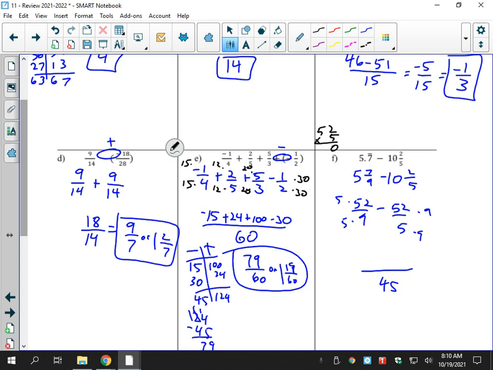Go off to the side, do it. Right? 5 times 2 is 10, carry the 1. 5 times 5 is 25, plus 1 is 26, so that's going to be 260. Go off to the side, do 52 times 9, right? 9 times 2 is 18, 9 times 5 is 45, plus 1 is 46, 468 there. All right, so we're going to have 260 minus 468.